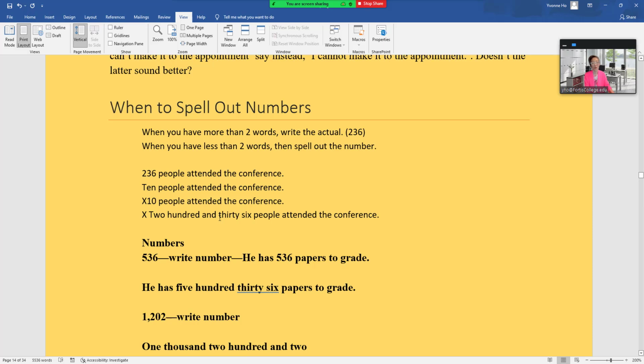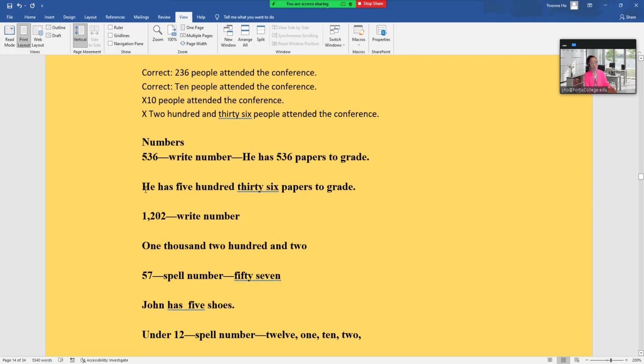Here you have 4 words. So when you have more than 2 words, you got 4 words here, then you write out the actual number. Write out the actual number, or digit. So this is correct. So if we wanted to say 236, that's correct. And then that's how you do it.